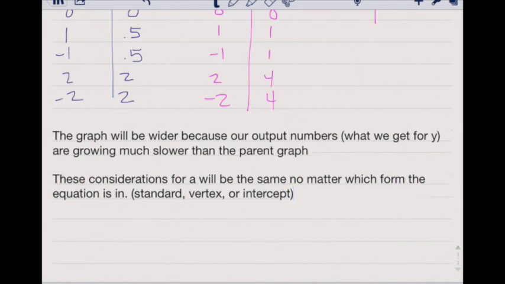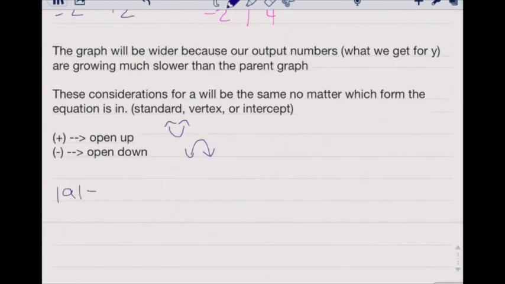One other thing to note, these considerations for a will be the same no matter which form the equation is in, whether it's standard, vertex, or intercept. So to summarize, a positive a implies open up. A negative a implies open down. An absolute value of a that equals 1 implies the same width as y equals x squared.